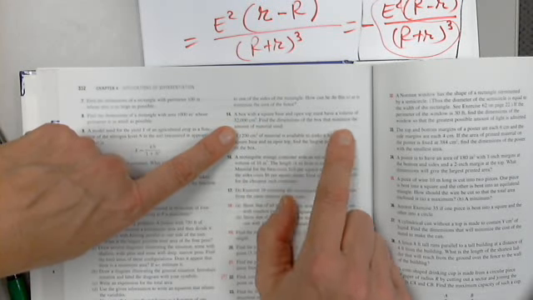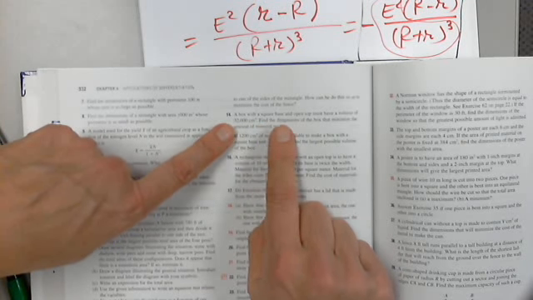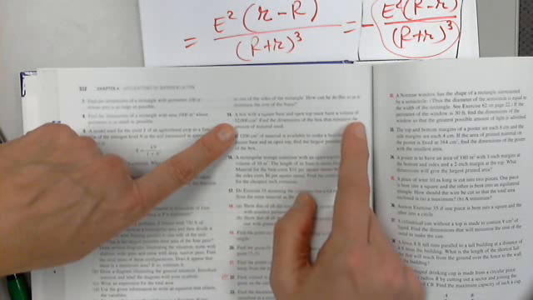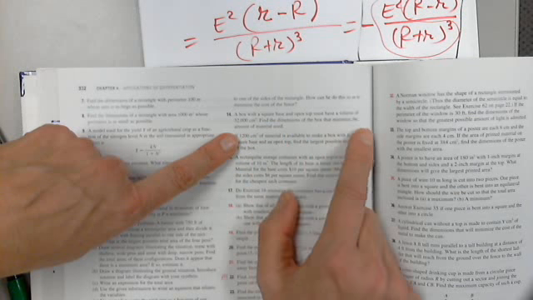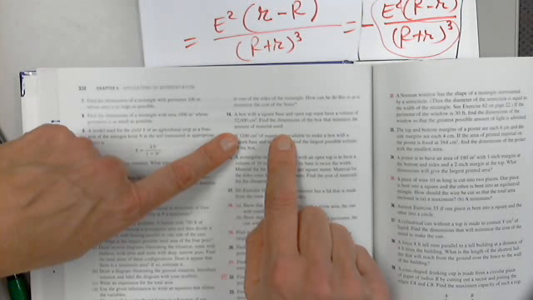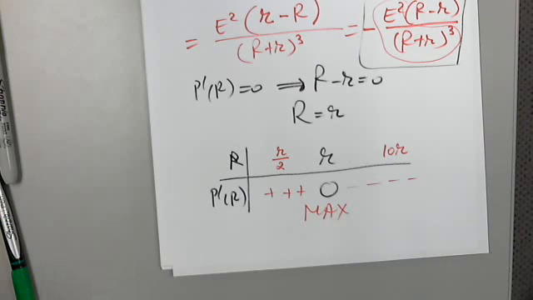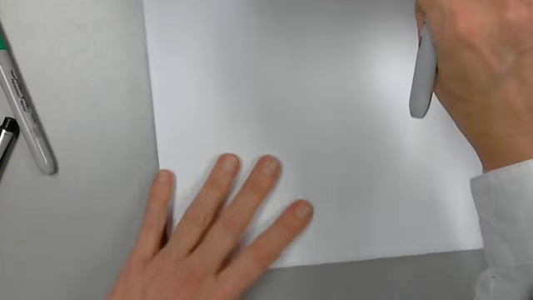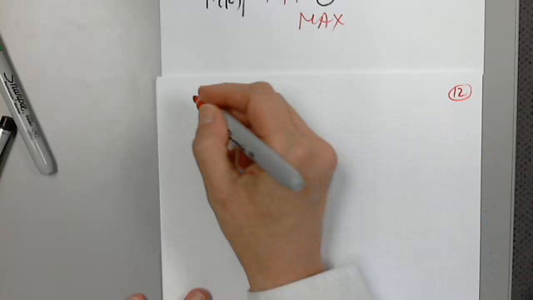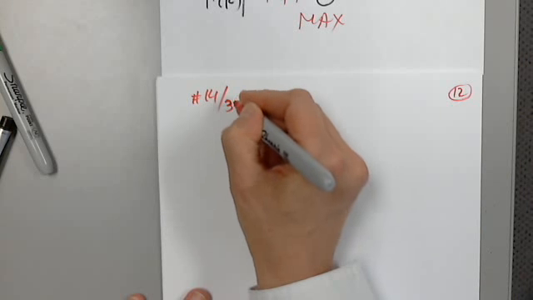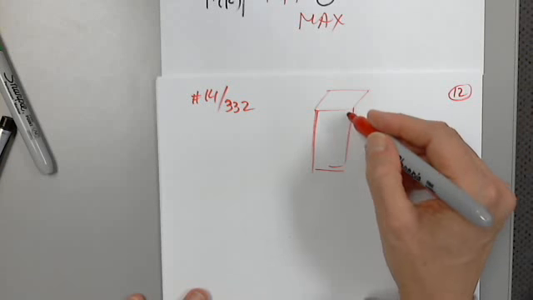Find the dimensions of the box that minimize the amount of material used. A box with a square base and open top, so the same idea. Must have a volume of 32,000 cubic centimeters. Find the dimensions of the box that minimize the amount of material used. Is that what you had in mind? Perfect. So let's picture. So this is 14 on 332. So here's again our box.